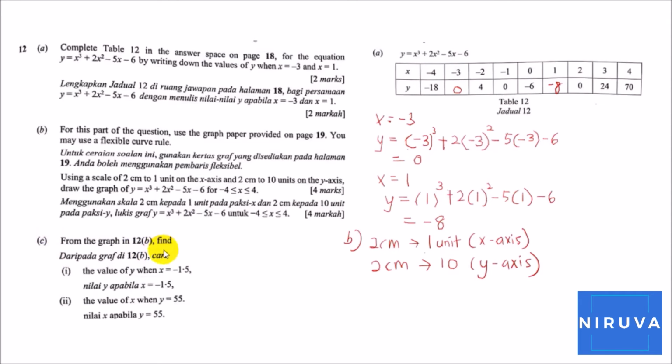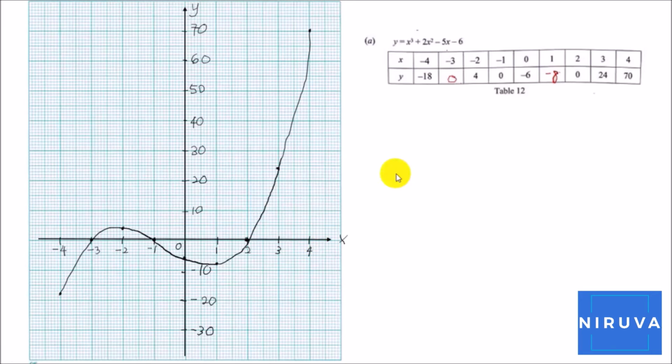Okay, C: from the graph, find the value of y when x is negative 1.5 and the value of x when y is 55. So, rewrite: we need to look for the value of y when x is at negative 1.5 on the graph, and then the value of x when y is at 55.